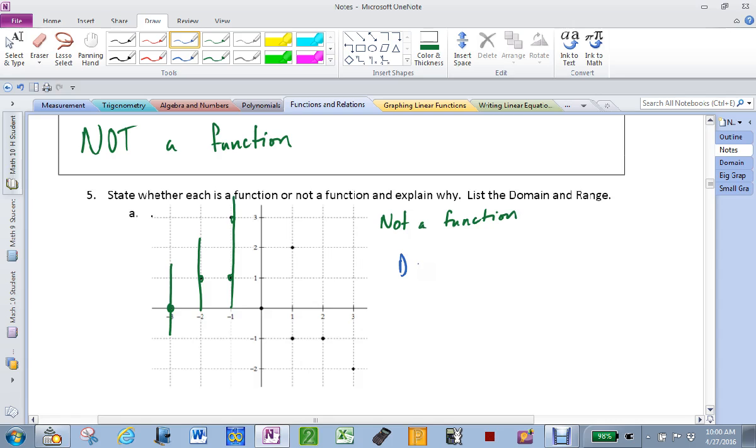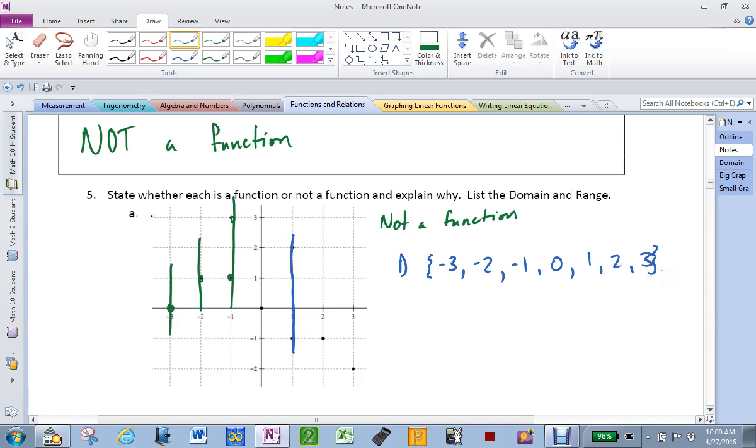The x-axis. So what are the values here? -3. What's the next one? -2. What's the next one? -1. Do I write -1 twice? No, because it's still only one input. Next. 0. Next. 1, 2, 3. And hopefully many of you notice that this is the second time that it screws up as a function. Everybody cool?